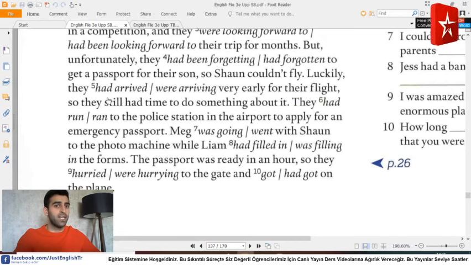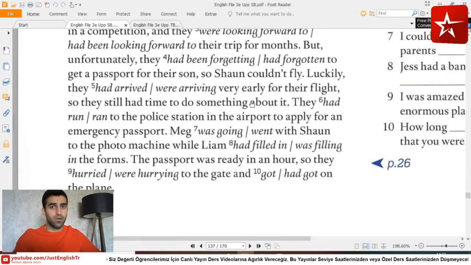Luckily, they had arrived or were arriving very early for their flight. So they still had time to do something about it. Okay, so luckily they had arrived or they were arriving. Which one?